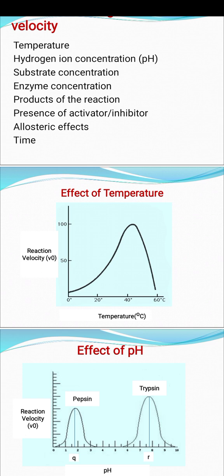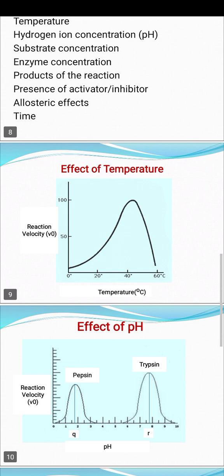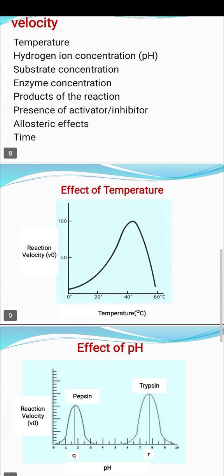Most enzymes are inactivated at temperatures above 45 to 60 degrees. The usual increase in reaction rate with temperature is offset by the increasing rate of thermal denaturation of the enzyme above the critical temperature. Some enzymes come from thermophilic bacteria.